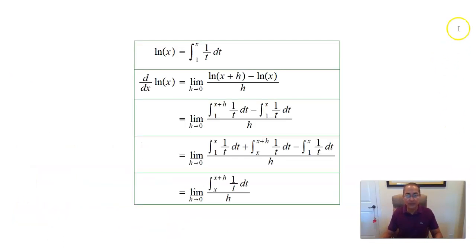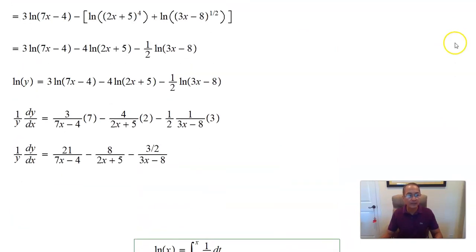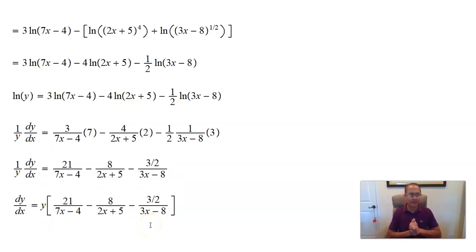So we just isolate dy by dx, and we get dy by dx equals y times that entire mess on the right side. Okay, there you go.